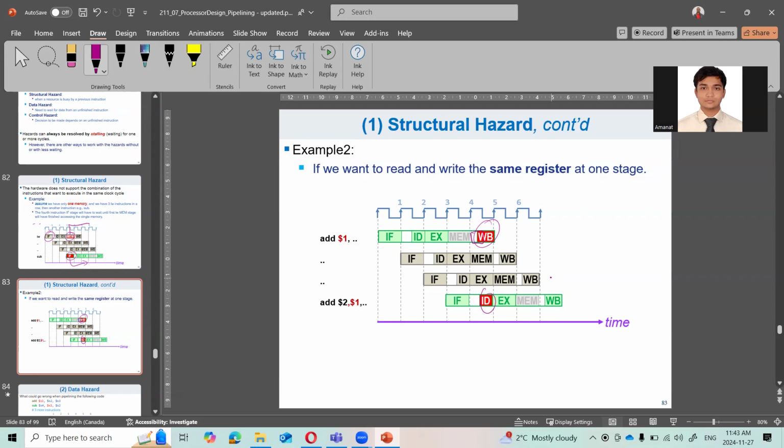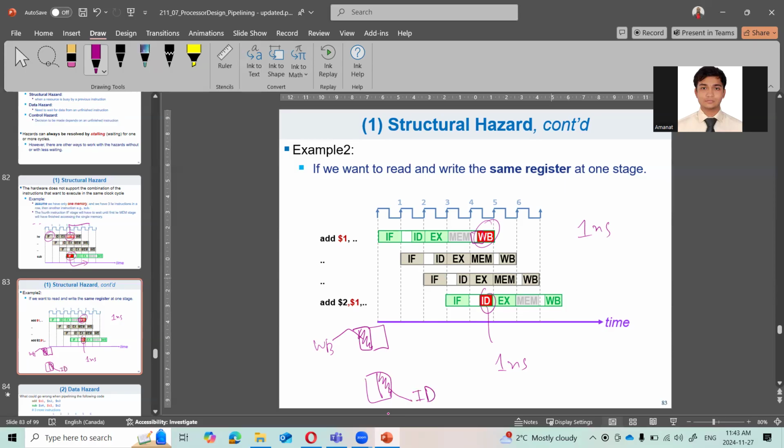So 1 nanosecond for write back and 1 nanosecond for decoding. And how we do it is the first half of the 2 nanoseconds is used for write back, and the second half is used for the decoding.